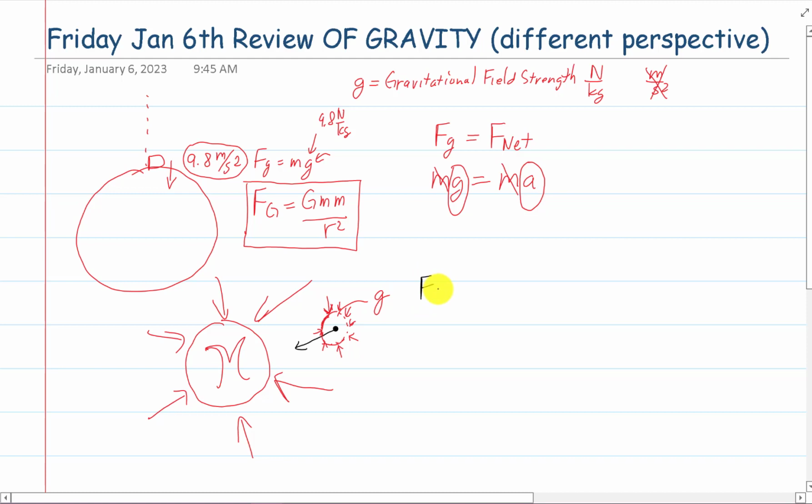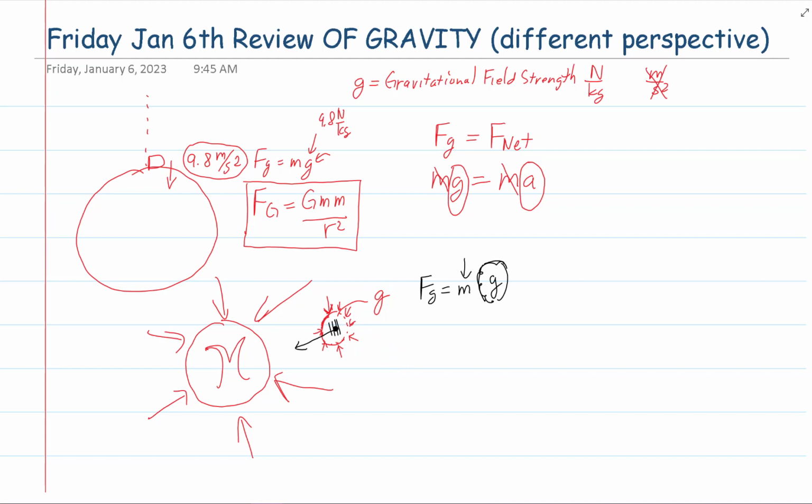That force is going to equal mg, where m is the amount of mass that I put in that gravitational field. That gravitational field exists whether there's a mass there or not. And if I put a larger mass there, I'll get a larger force there.